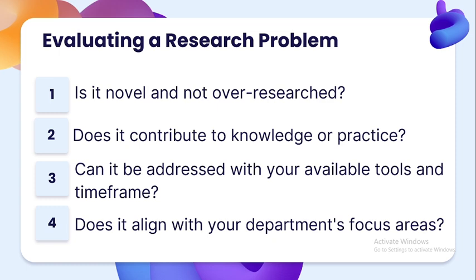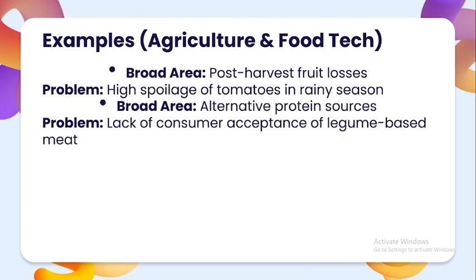They are doing this. So this is again a concerning point as far as our regular, you can say, university environment is concerned. Examples we can address in agriculture or food tech field are mentioned here.